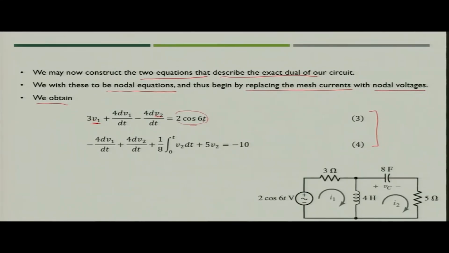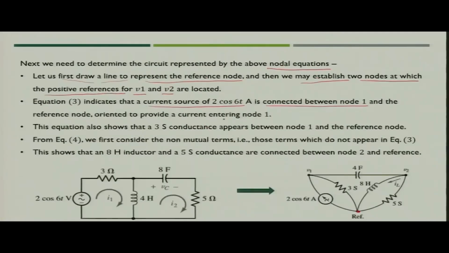So, we can create a current source with equal magnitude, 2 cos 6 t, but in this case it is a current source, connected between node 1 and the reference node. Now, how will we define the orientation?